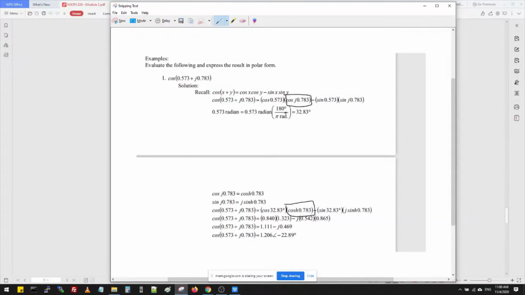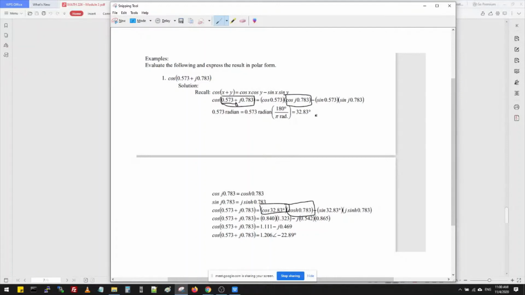Then for the cosine 32.83, we convert the radians form. You always need to convert to degrees, since we have the rectangular form of our angle.